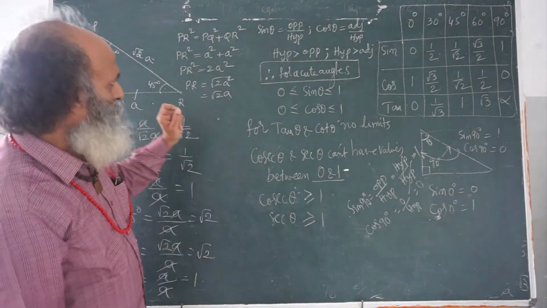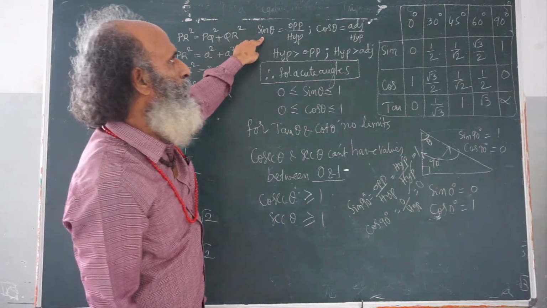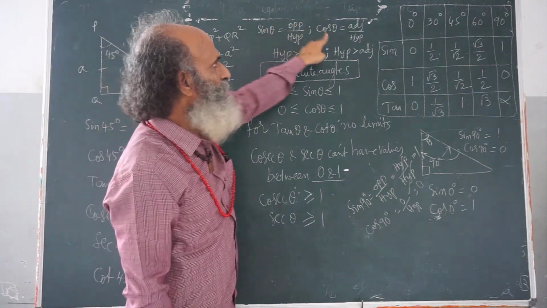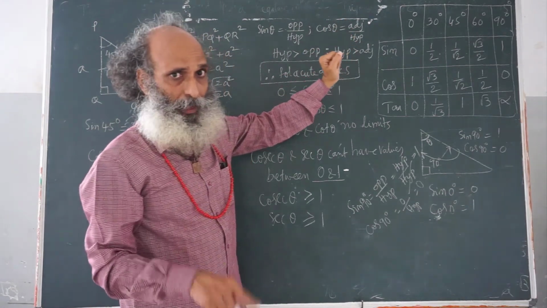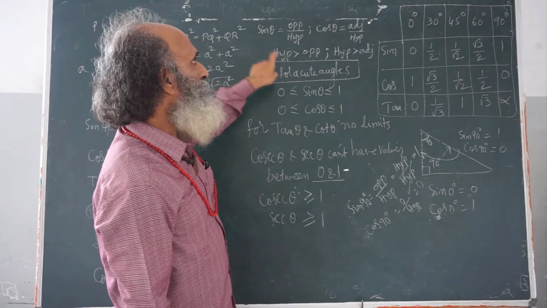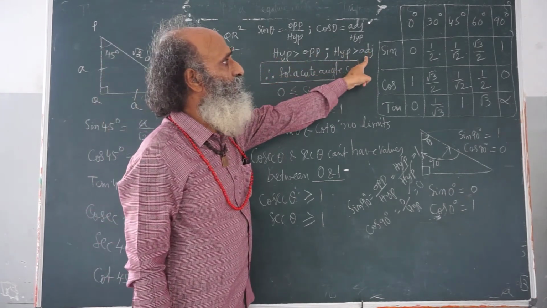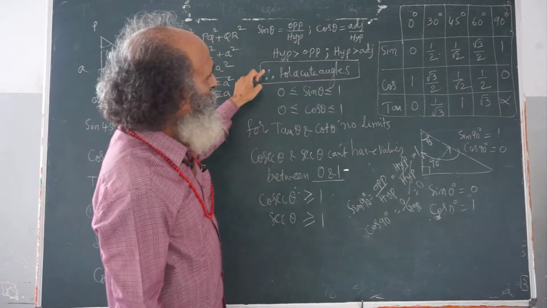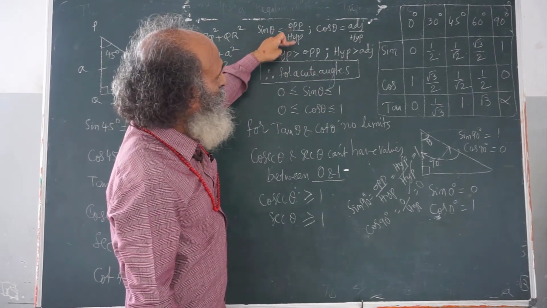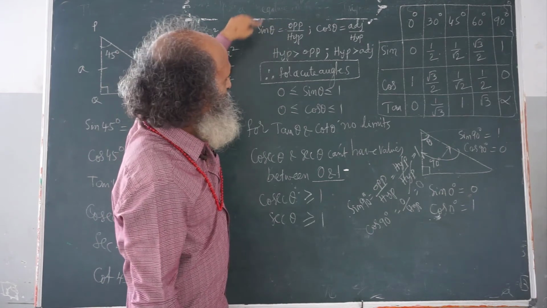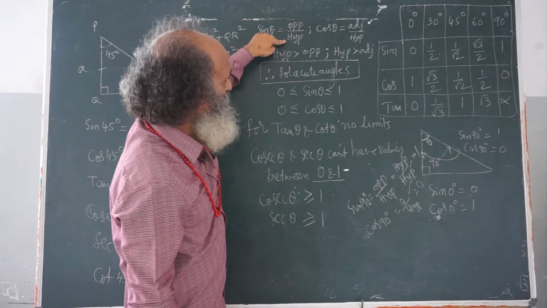Now here we have to understand one more important thing. Sin theta definition is what? Opposite side by hypotenuse. Cos theta is adjacent side by hypotenuse. For any other angle other than 0 or 90, hypotenuse is always greater than opposite side, and hypotenuse is always greater than adjacent side. Therefore, for acute angles, hypotenuse is more than opposite side. So, sin theta means opposite side by hypotenuse, a small number by a big number.